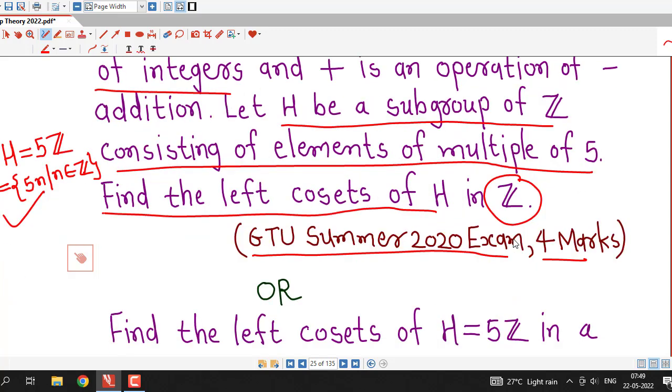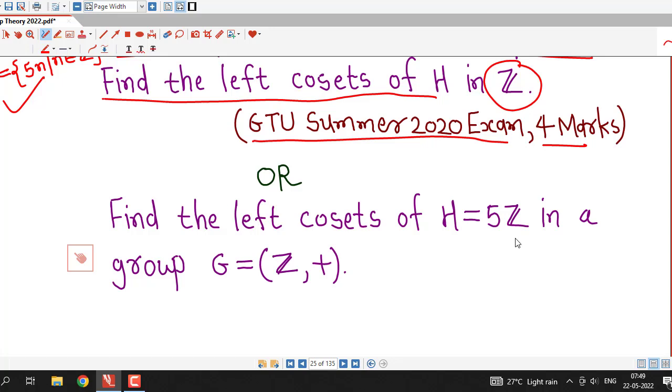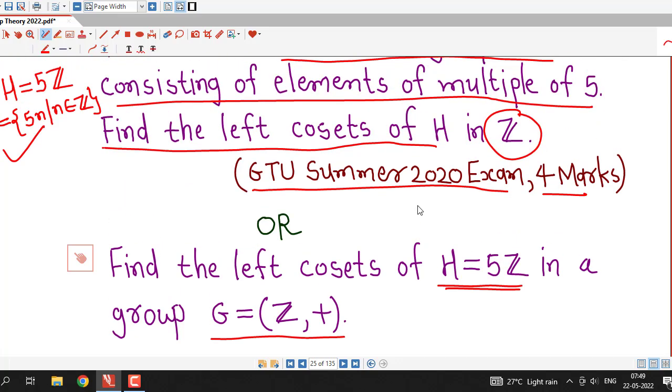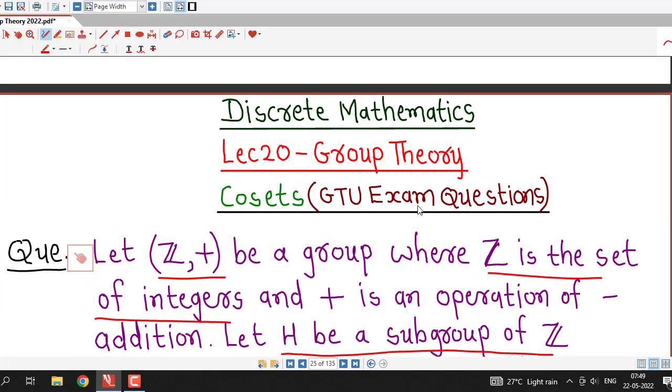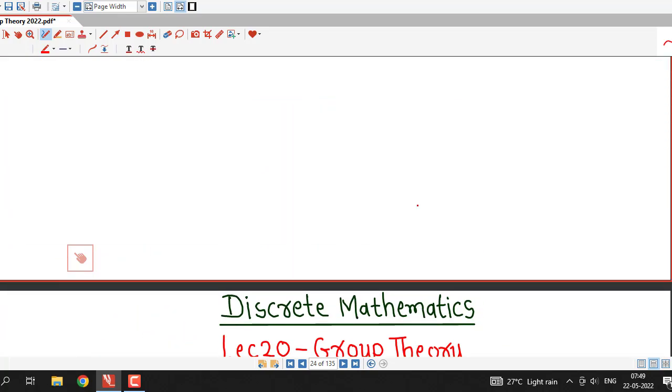The same question can be asked in this way also. Find the left cosets of H equal to 5 times Z in a group G equal to Z with addition. We have seen how to find out left cosets in earlier 2 lectures, and we just recall the definition of left coset.